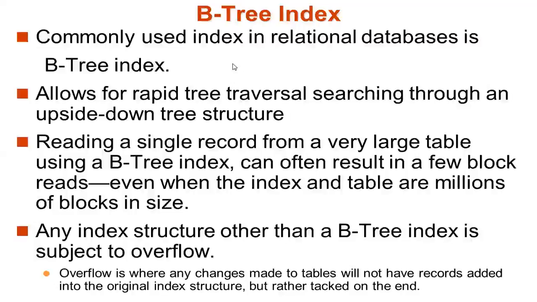Whatever data or records you save in the database will be dealt with in the form of a tree structure. When you save your data in this form, the B tree data structure will be able to handle your records very easily, right?